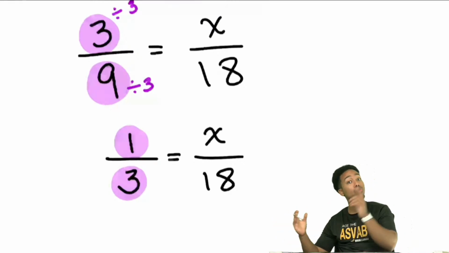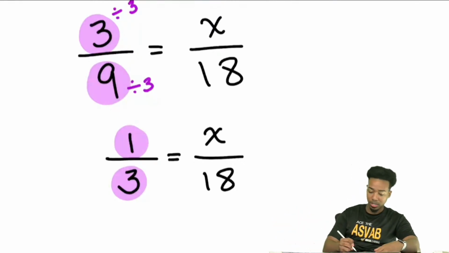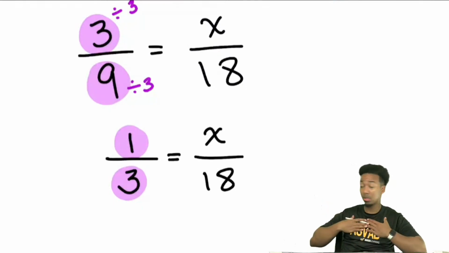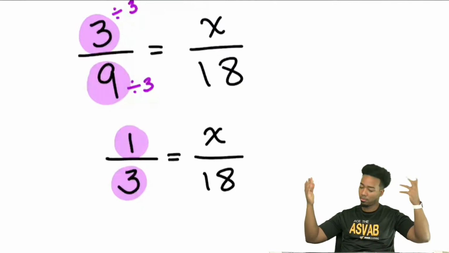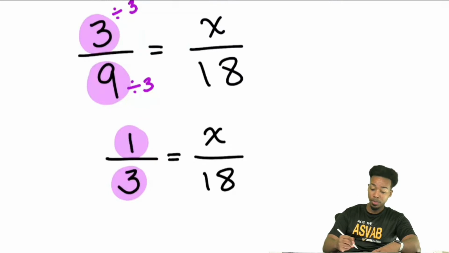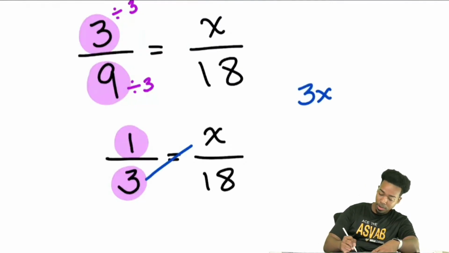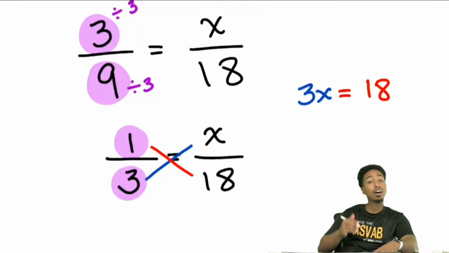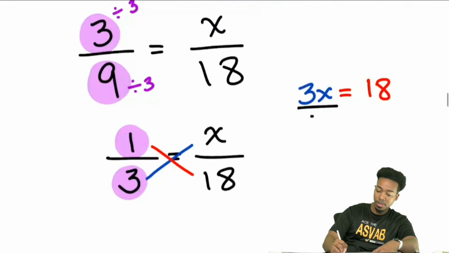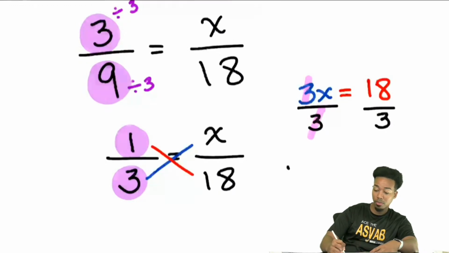Because when you do decide to cross multiply and divide, if you still want to go that way, well, now you can do it much faster, because you can do 3 times x and get 3x, 1 times 18 to get 18, and then you divide both sides by the 3. Cross multiply, then divide, and notice that you get x equals what, everybody? We still get x equals 6.